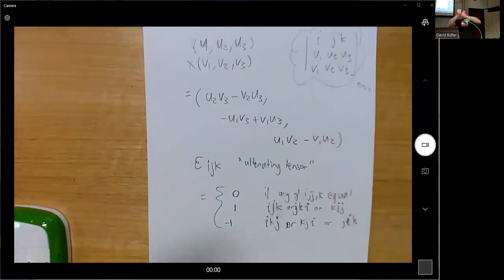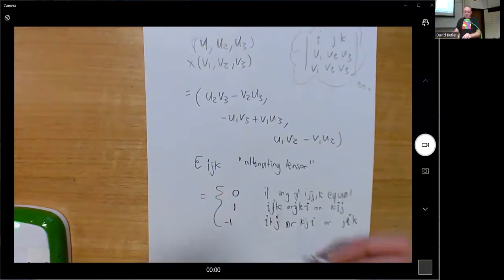And that covers all 27 options, apparently. Because there'll be 3 where they're all equal, like epsilon 1, 1, 1, and then there'll be where 2 of them are equal and the other is not.